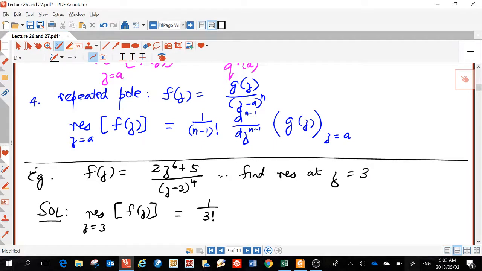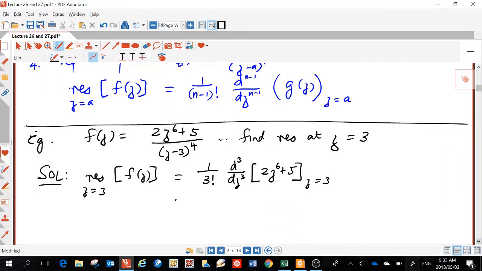Then I must equate this to the third derivative, d^3/dz^3. I must differentiate 3 times. So it will be d^3/dz^3 of 2z^6 + 5. And then I'm just plugging in 3 at the end of the game. So let's do this. You can do it step by step.